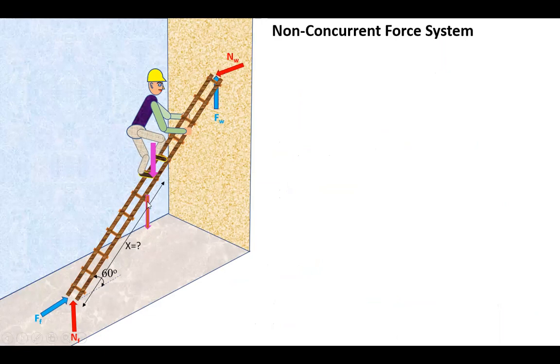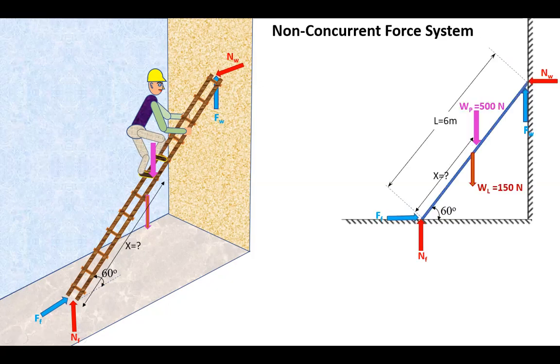So altogether there are 6 forces, and it is very clear from the figure that they are not meeting at a single point and they form a non-concurrent force system. This is the free body diagram, the two-dimensional diagram for the ladder.